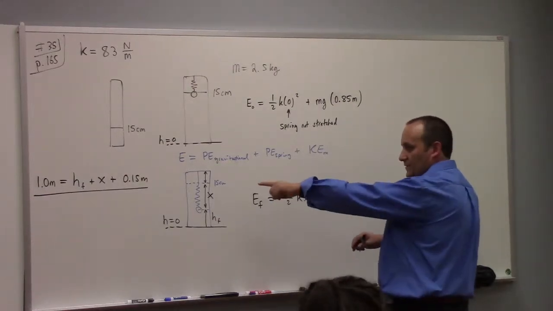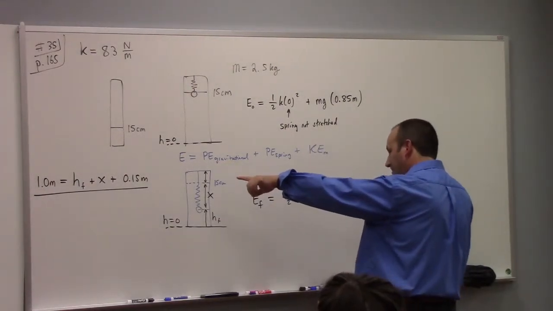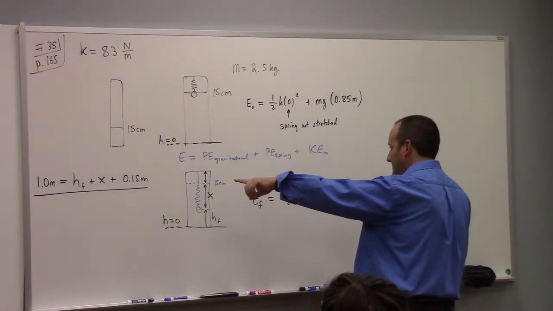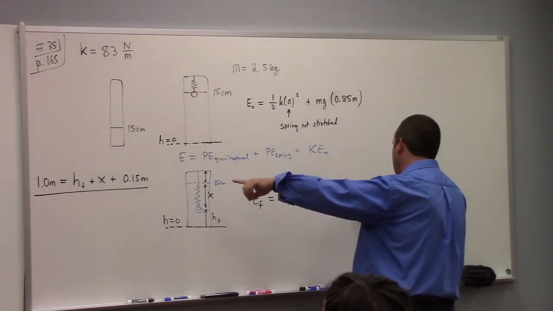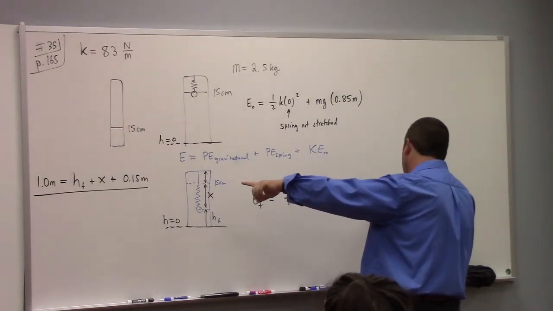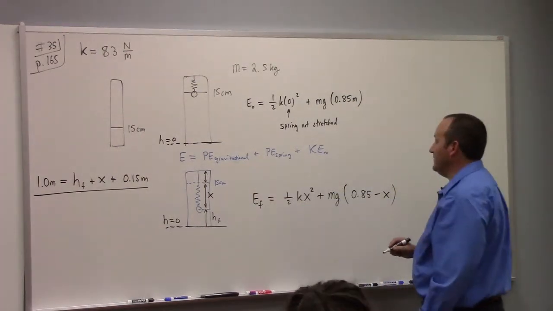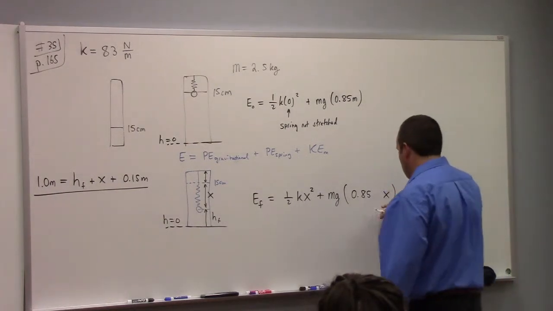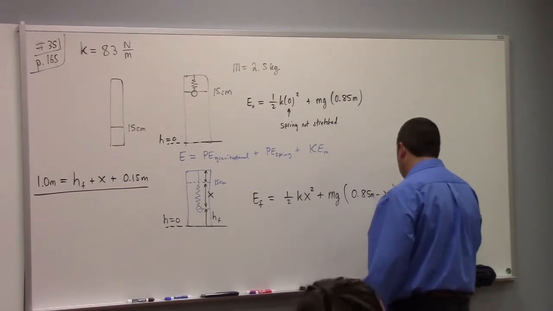So we can solve that. What is HF actually equal to? 0.85 minus x, is it? That's 0.85 meters, of course. Feeling guilty about not putting my meters in. There we go.